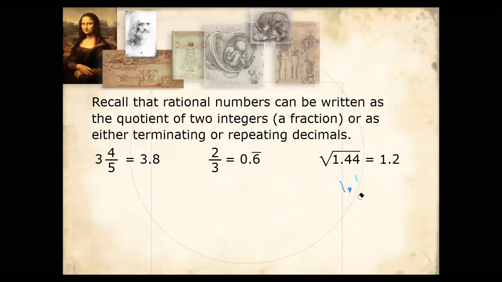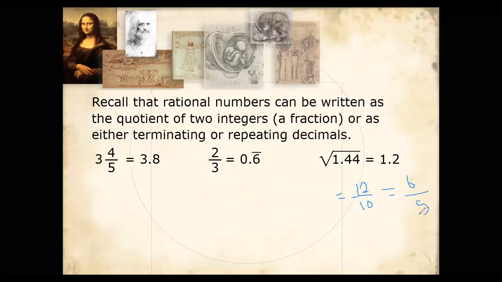Now, let me ask you a question. 1.2, can we change it into a fraction or not? If you are going to rewrite it, yes. It will be 12 over what? 10. 12 over 10. We can write it in simplest form. So it will be 6 over 5.